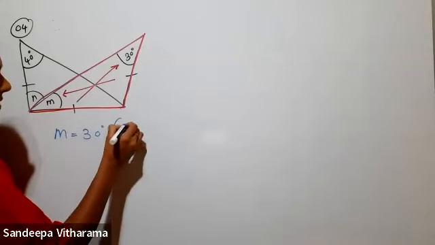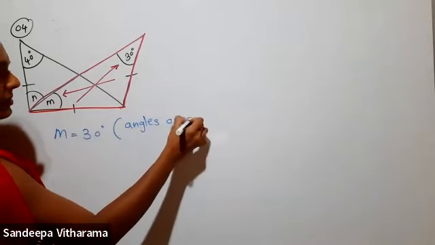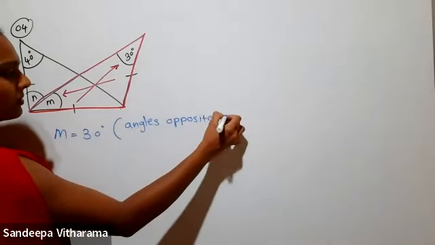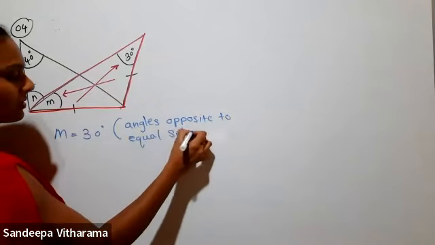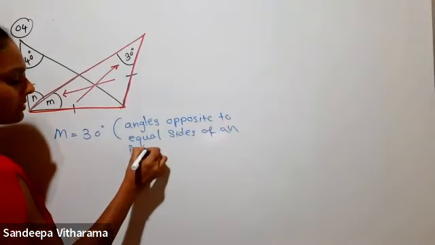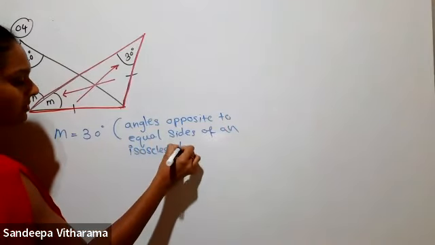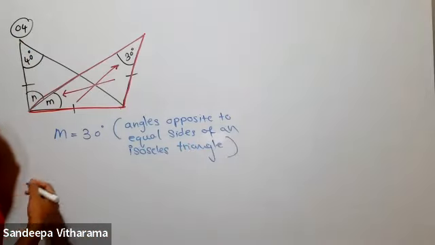Reason is angles opposite to equal sides of an isosceles triangle. Okay.